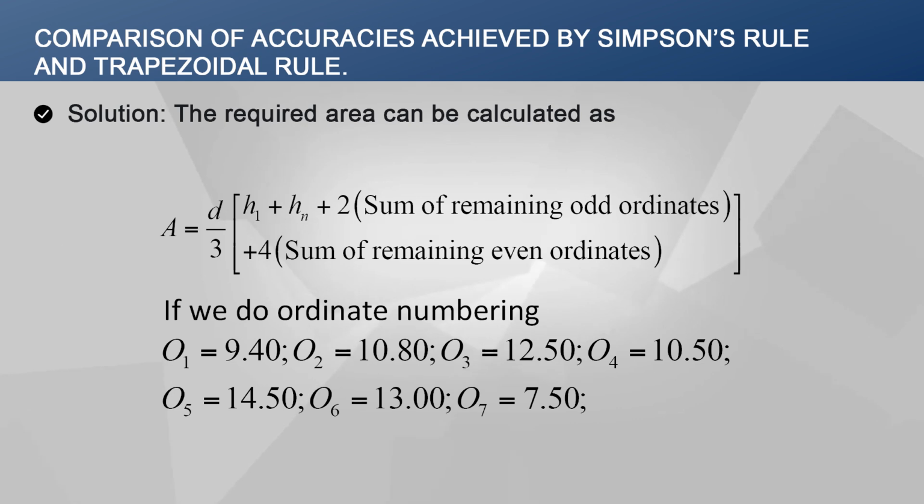Again, we have to apply the Simpson rule only. So, what is the formula for the Simpson rule? It is D by 3 into first offset plus last offset plus 2 into the sum of remaining odd offsets or ordinates plus 4 into the sum of remaining even offsets or ordinates. Let us do the numbering of the offsets. O1 is equal to 9.4, O2 is equal to 10.8, O3 is equal to 12.5, O4 is equal to 10.5, O5 is equal to 14.5, O6 is equal to 13, O7 is equal to 7.5.